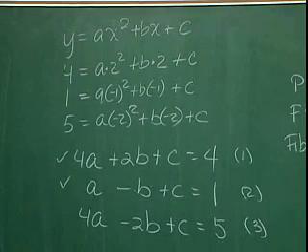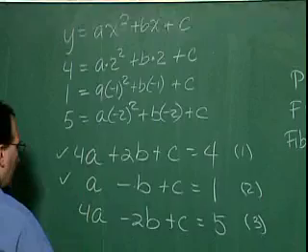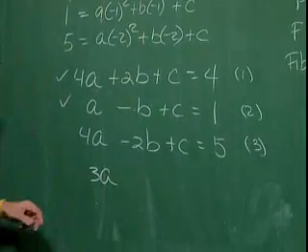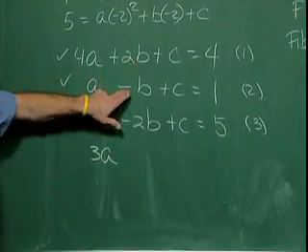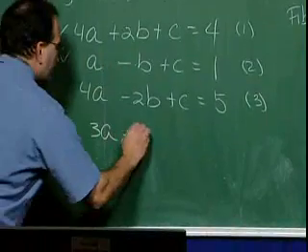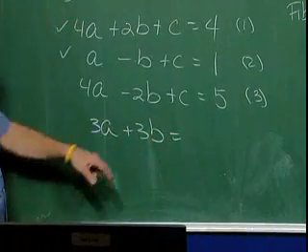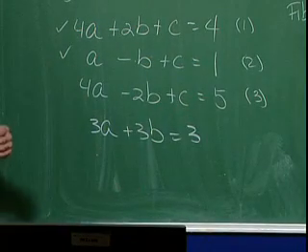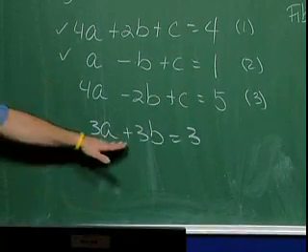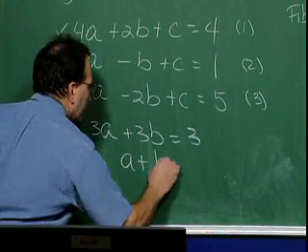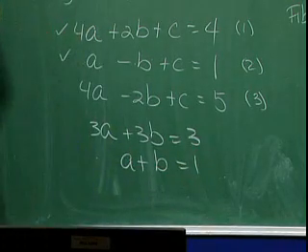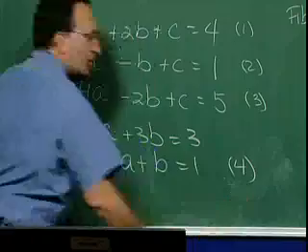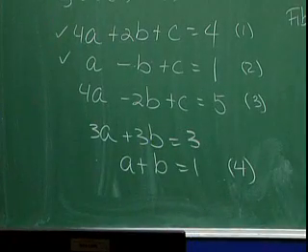That's going to give me an answer, 4a minus a of 3a. 2b minus a negative b would be 3b. And then 4 minus 1 would be 3. Well, of course, I should point out that this simplifies to a plus b equals 1. I will refer to this as equation number 4.